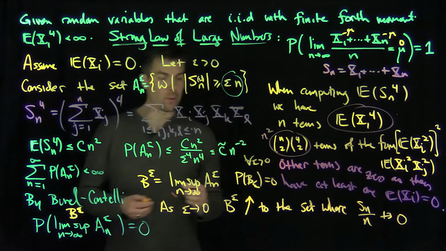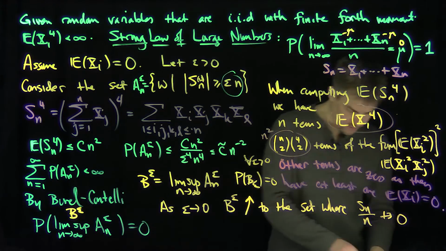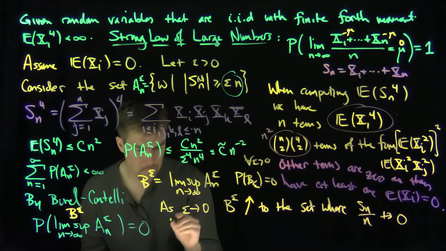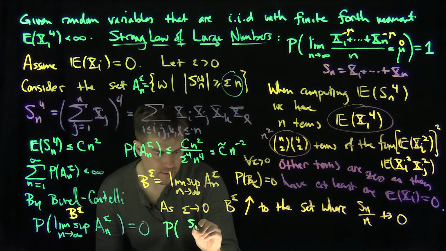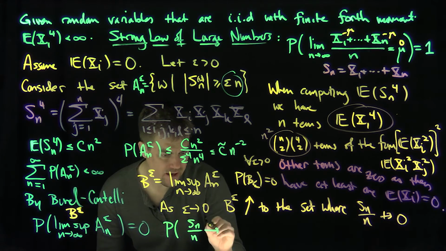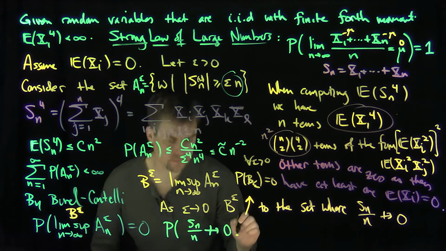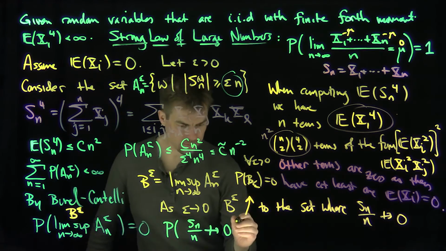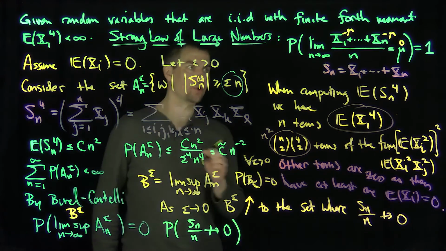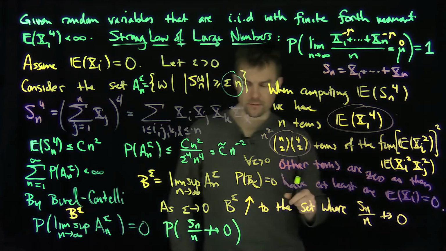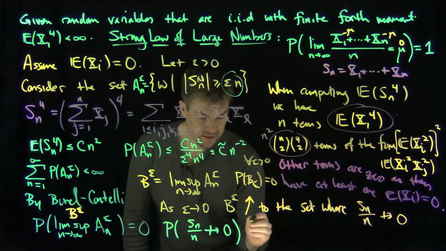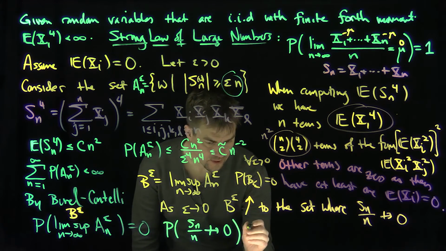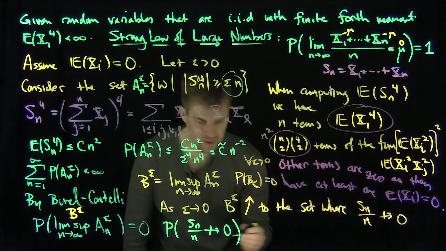So now we're done, because I can say the probability that Sn over n does not converge to 0 — that's what we'd like to show goes to 0, that's our objective — is contained in the union of a collection of these B's.